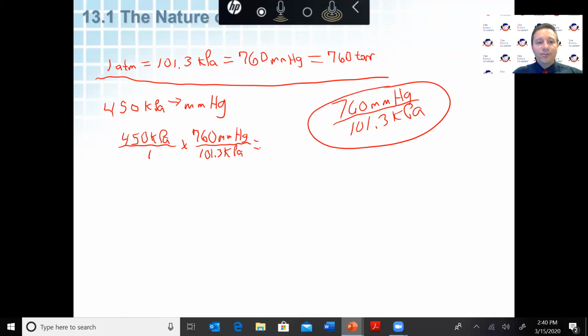And we'll grab our calculator and we'll plug this in. So we go 450 divided by 101.3 and multiply that by 760. And we come up with a number that looks like this.